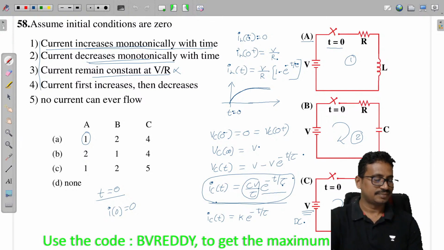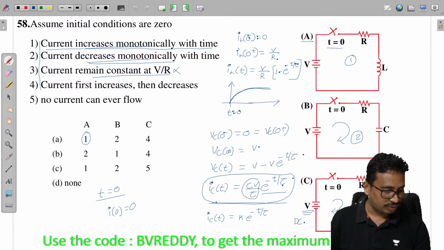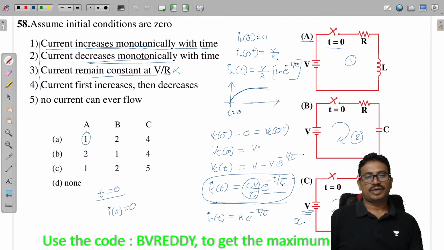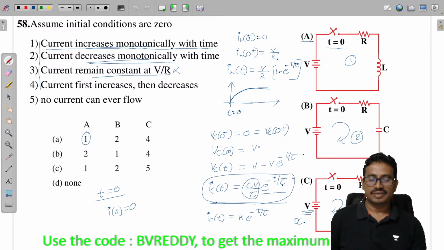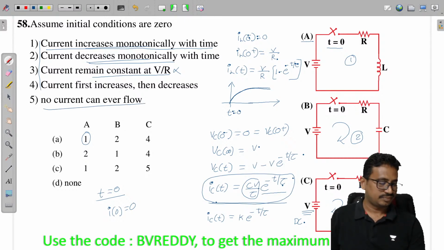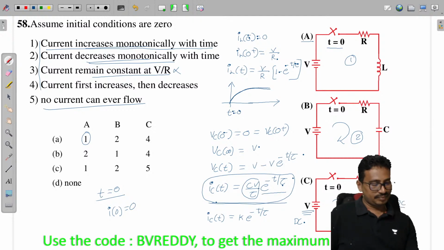So from this, what can we say? Do we have any flow of current in this network? You tell me. There won't be any flow of current in the network. There is no flow of current in the network. So for this, option 5, now tell me.